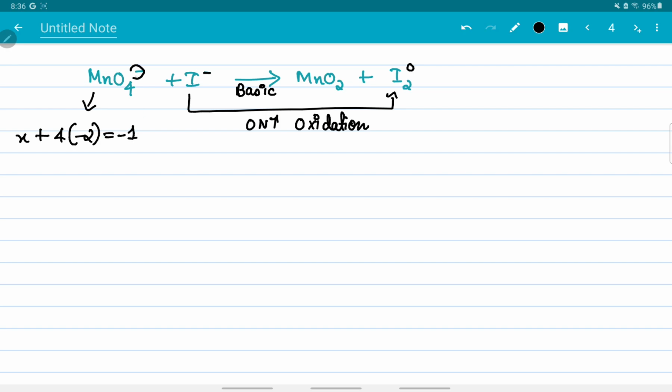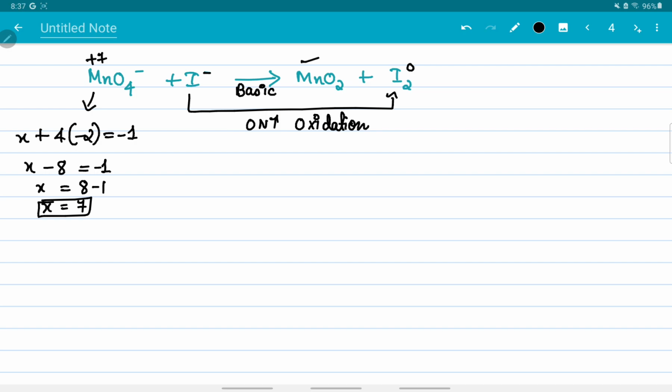That is the charge on this. Now if you solve this, plus 7 is the charge on Mn on this side.